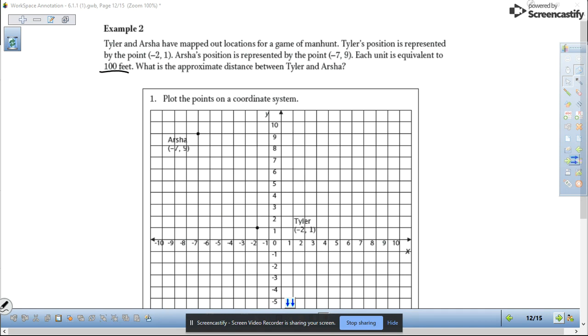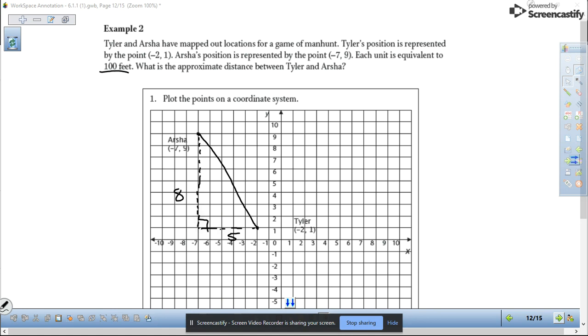First off, we've got to figure out the distance based on what we have. Again, we're talking about this line. If I very quickly sketch out my right triangle, then I have 1, 2, 3, 4, 5, and then 1, 2, 3, 4, 5, 6, 7, 8.